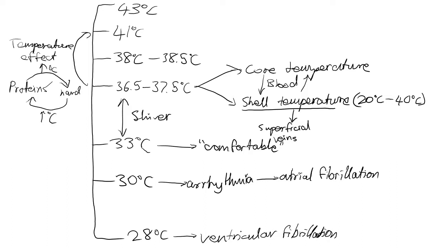So a quick review of what I've talked about today. Firstly, your normal range for body temperature is between 36.5 and 37.5 degrees Celsius, and that's mediated by your core and shell temperature, which are connected to each other by your blood.